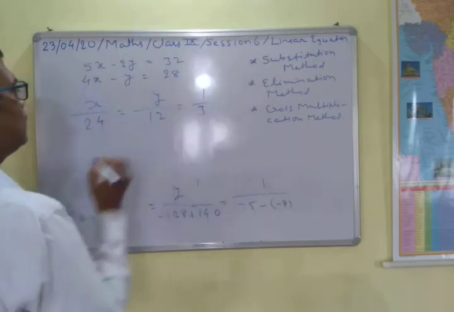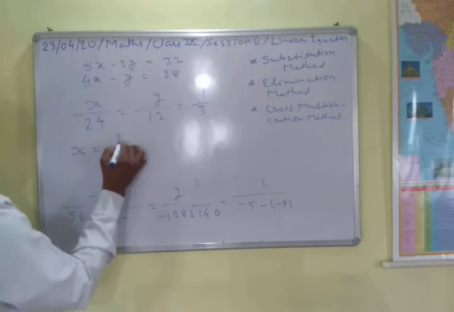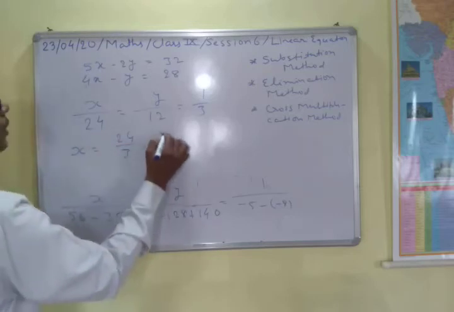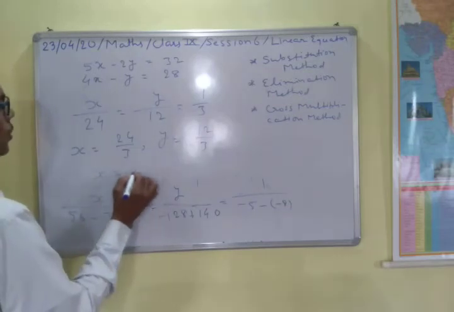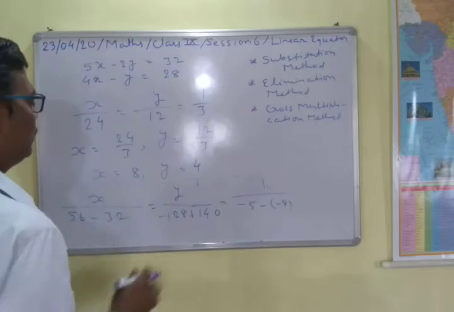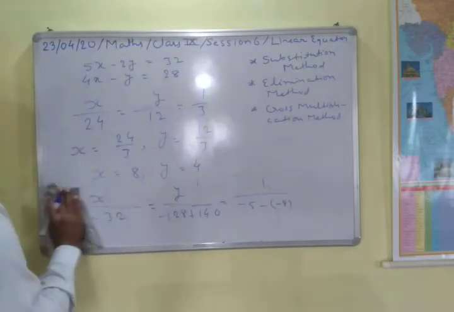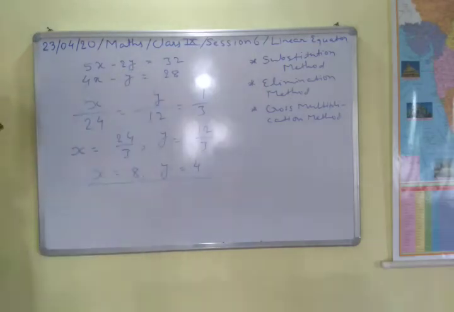It will be 1 by 3 here. Now x is equal to 24 by 3 and y equal to 12 by 3. So x equal to 8 and y equal to 4. This is the solution of this equation.